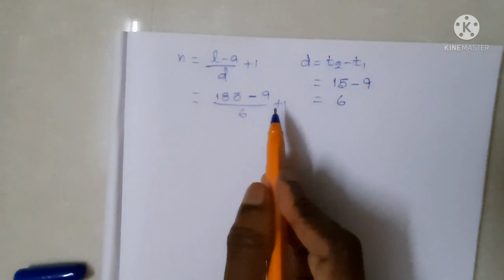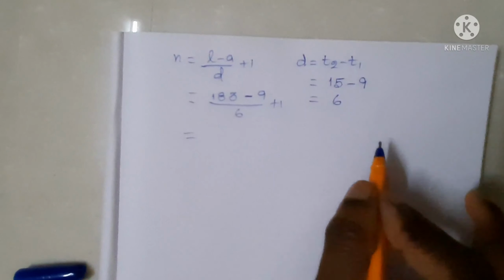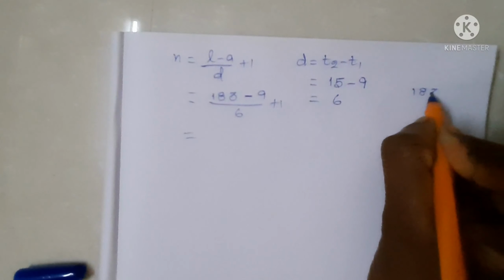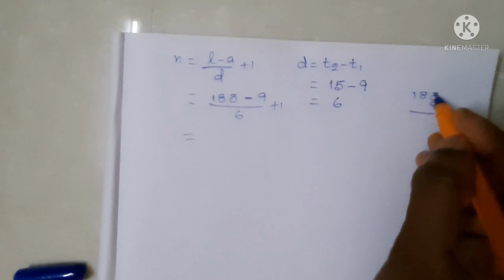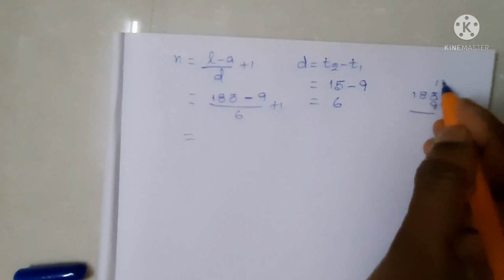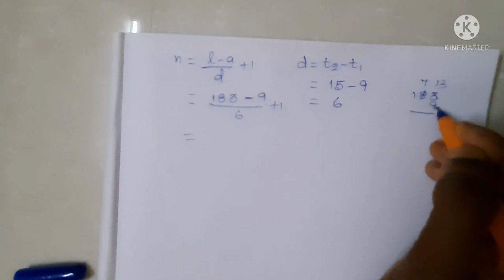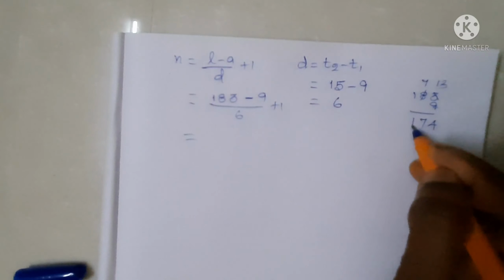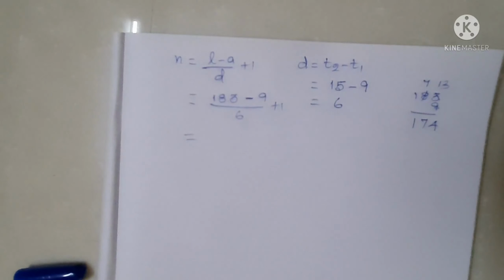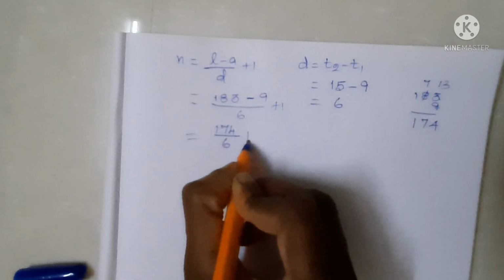So 183, you subtract 9. In the rough column you will do that subtraction. 3 minus 9, can you subtract? No. Borrow 1. It becomes 13. Here it becomes 7. So 13 minus 9 is 4. Then 7. 174. So here you write 174 divided by 6 plus 1.